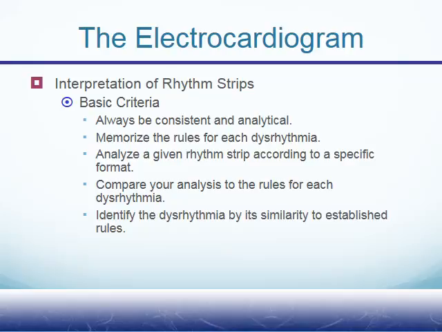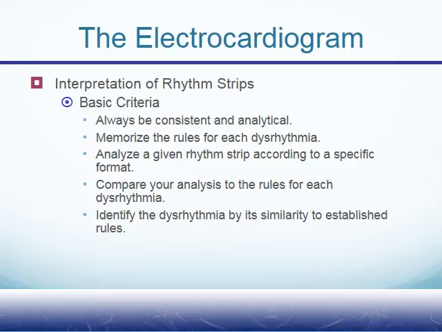Okay, so interpretation of EKGs. There are some basic criteria that we're going to discuss before we get into it. We need to be consistent and we need to be analytical. We need to memorize the rules for each dysrhythmia. I have a really good cheat sheet that I'll make sure we all have access to. Keep that in front of you as we move forward.